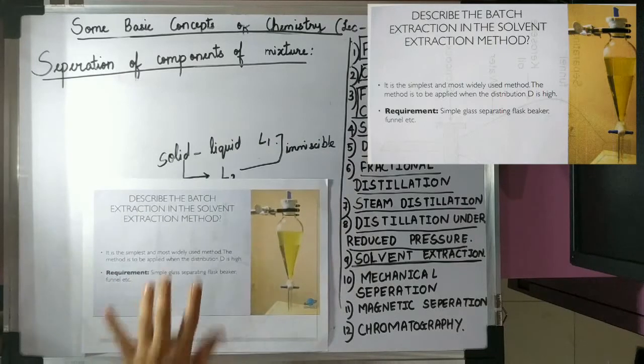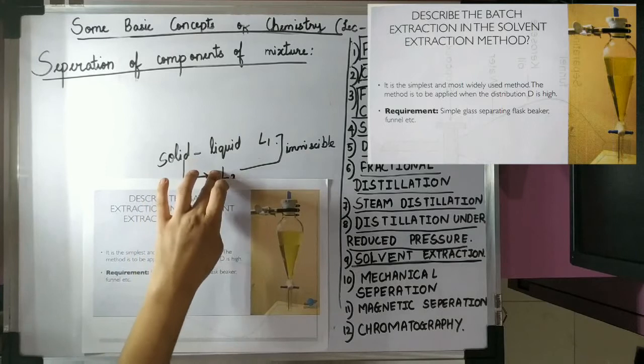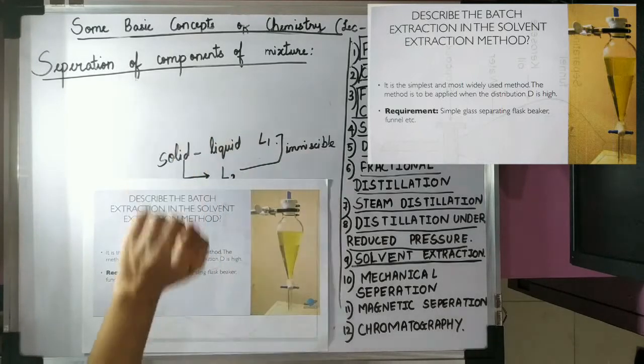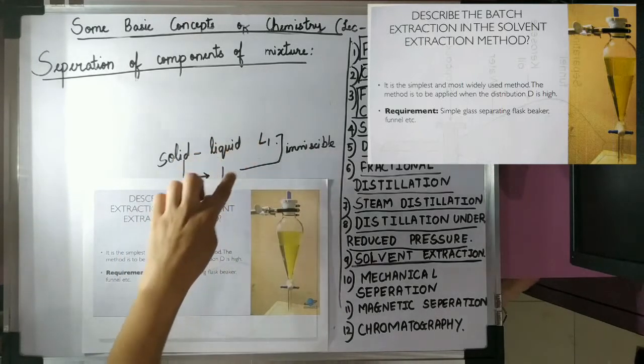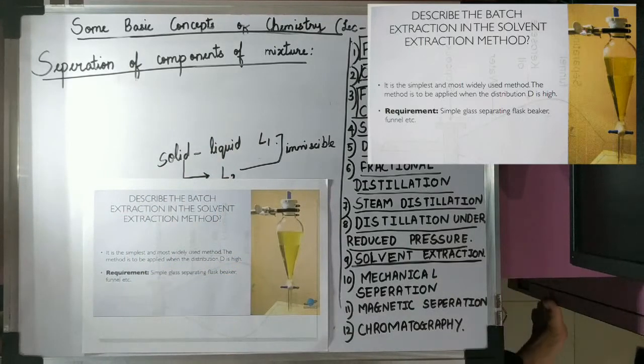Now iodine is more soluble in chloroform, let's say that is liquid 2, than in water. I also know that chloroform and water are immiscible, because chloroform is an organic compound and water is an inorganic compound. To be more specific, water is a polar compound and chloroform is a much less polar compound, and therefore they are immiscible.